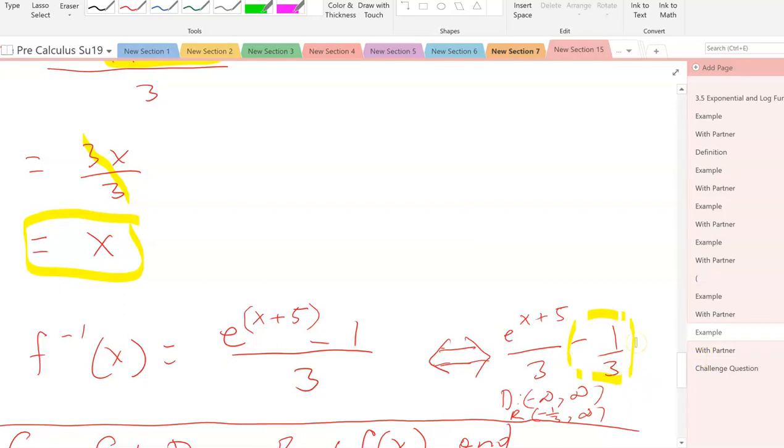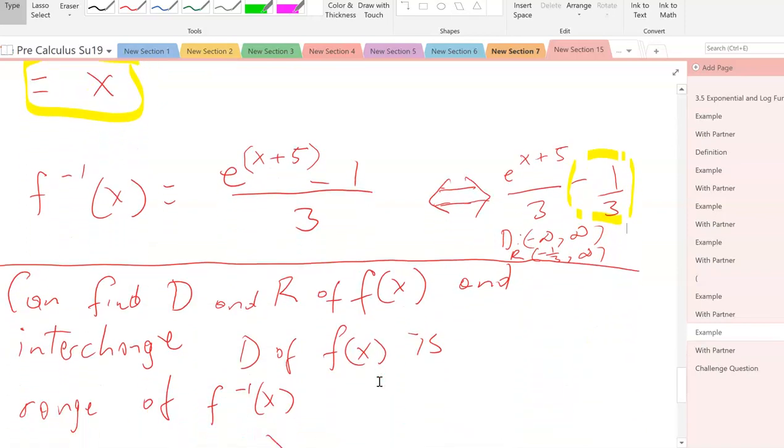For exponential functions that are increasing, like e to the x, we start at the asymptote and go upwards for the range, and your domain is always negative infinity to positive infinity. So your domain is negative infinity to positive infinity, and the range is negative 1/3 to infinity.